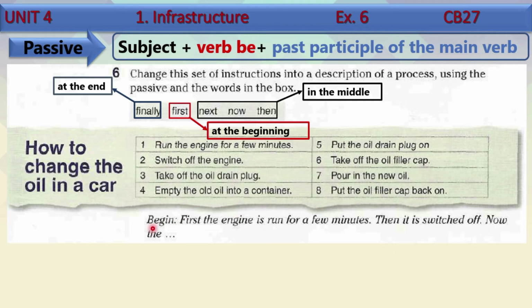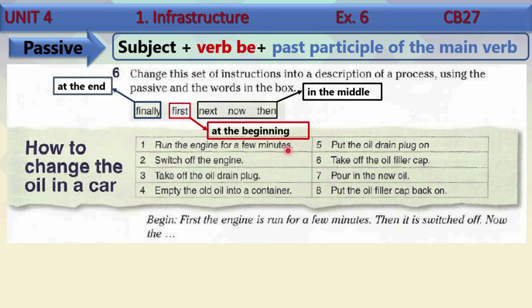Good. You can see that number 1 and number 2 have been done for us. Let's go over them together so that you can be able to do the rest. At the beginning, we start with our sequence word, which is first. Now, the instruction, run the engine for a few minutes.